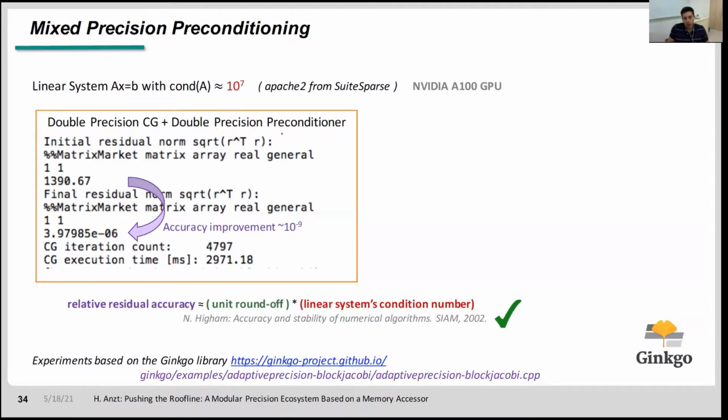I want to show you how that works in Ginkgo. So what we see here is, again, the Apache 2 problem that I previously looked into. It has a condition number of 10 to the power of 7. And if I use a double precision conjugate gradient solver and a double precision preconditioner, I get an accuracy improvement of 10 to the power of 9.